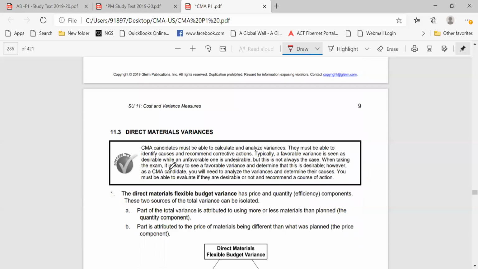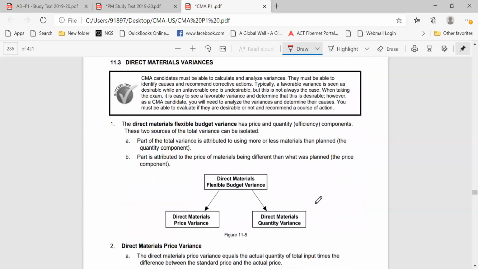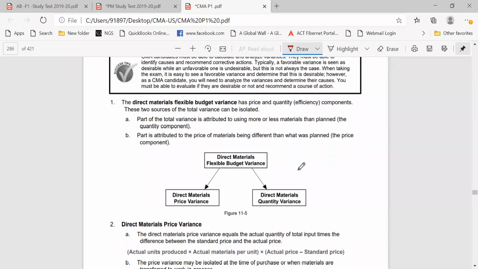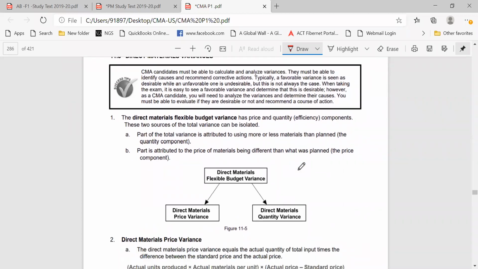All right, now direct material variances. Let's get started with direct material variances. Now, here is the direct material flexible budget variance. In direct material variances, you will have a price variance, which is the direct material price variance, and you will have the direct material usage variance.